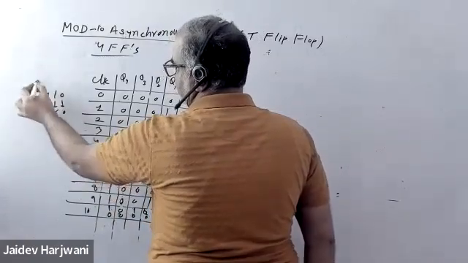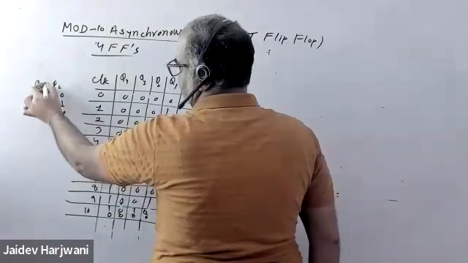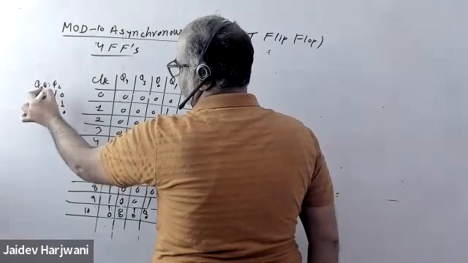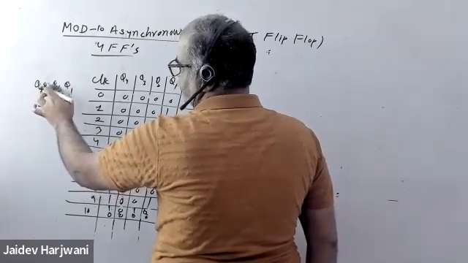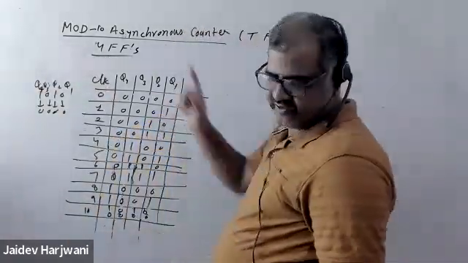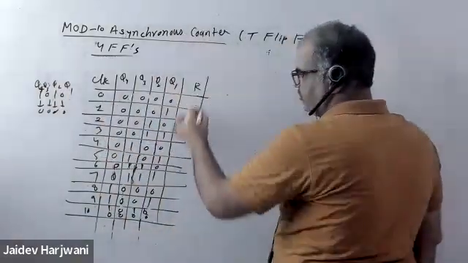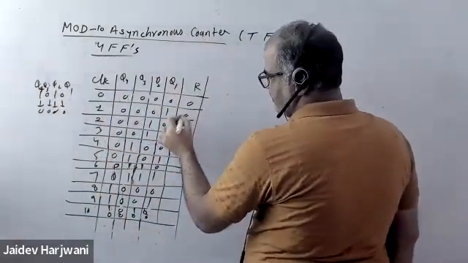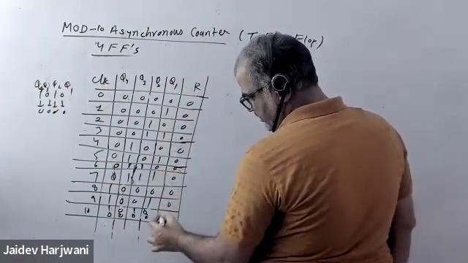That means Q4, Q3, Q2, Q1. Now we have to reset this combination Q4, Q2 to 0 0. So the R that should come is Q2, Q4 in this case. Let's check. This is the one to reset. All the other times it is 0, only here it is 1.